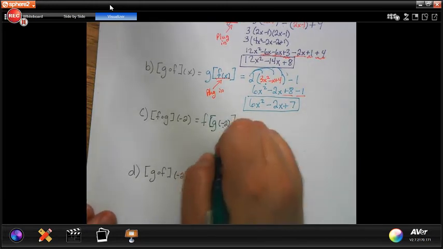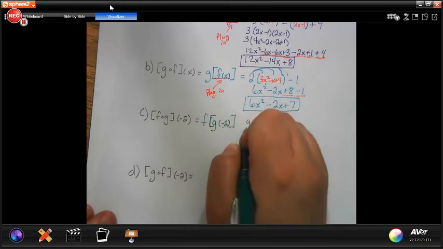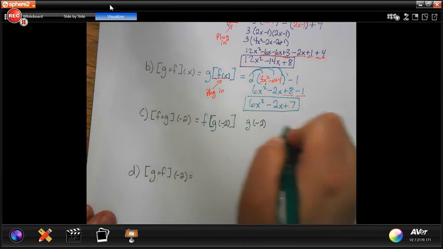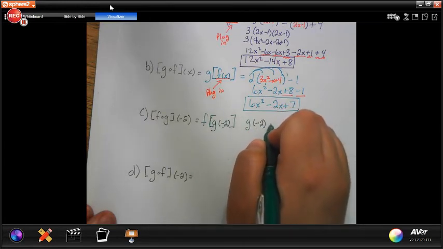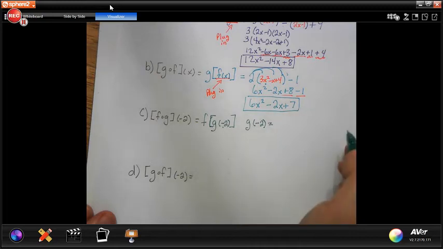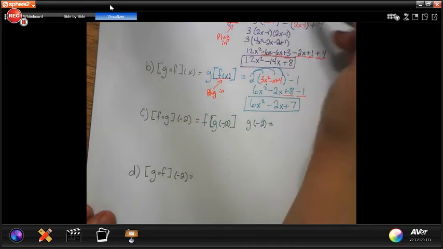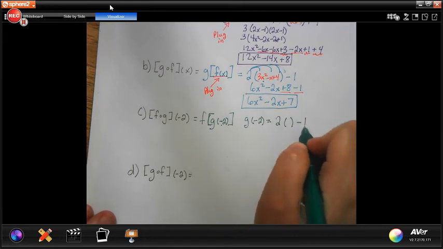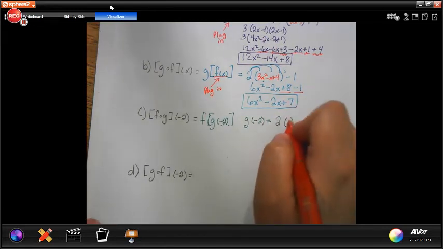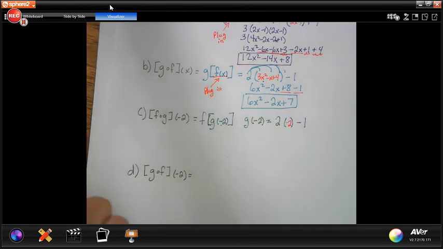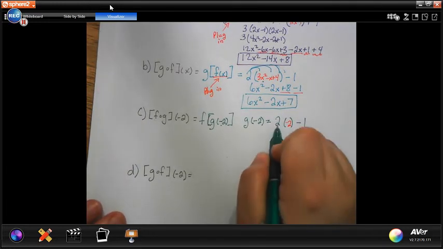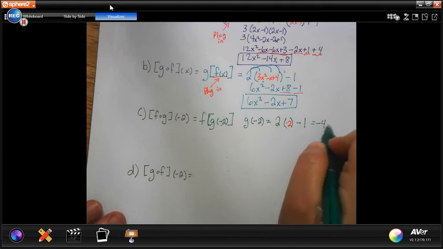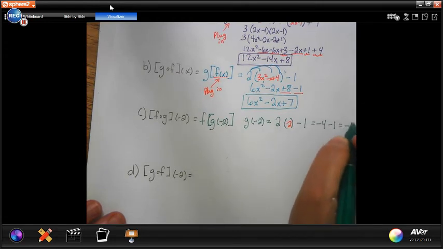So I'm going to do g of -2. g is 2x minus 1, and you plug in the -2. So 2 times -2 is -4 minus 1 is -5.